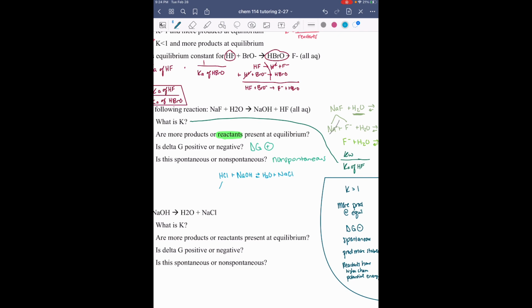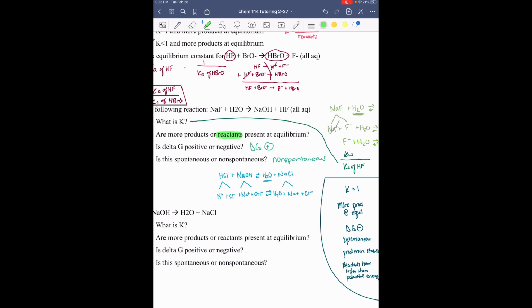HCl is strong, so it's going to split. NaOH is strong, so it's going to split. H2O stays together. And NaCl is going to split because it is a salt and a strong electrolyte. Strong acid, strong electrolyte, strong base, strong electrolyte, salt, strong electrolyte. So we have H plus, Cl minus, plus Na plus, OH minus yields H2O plus Na plus, Cl minus.